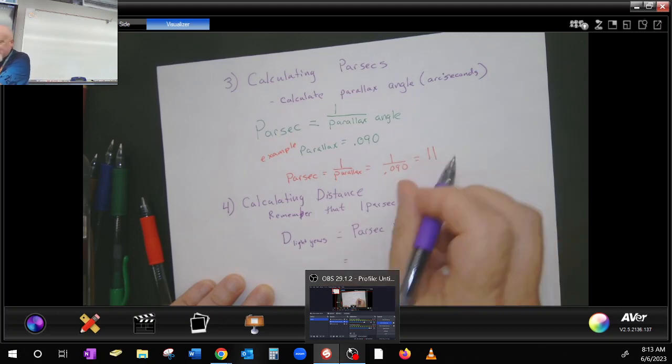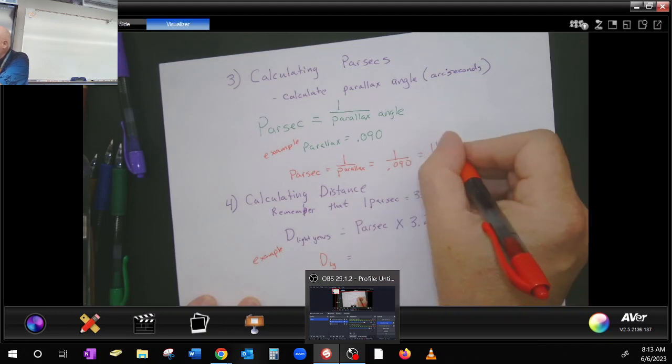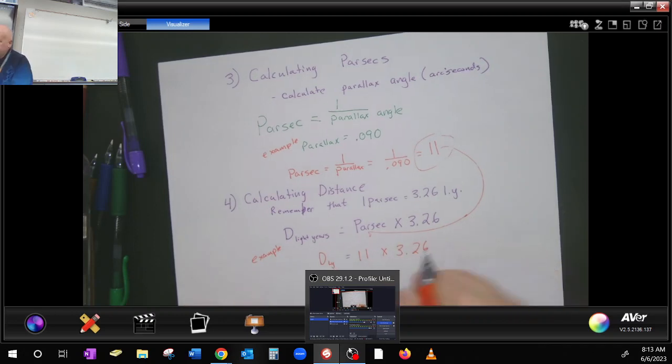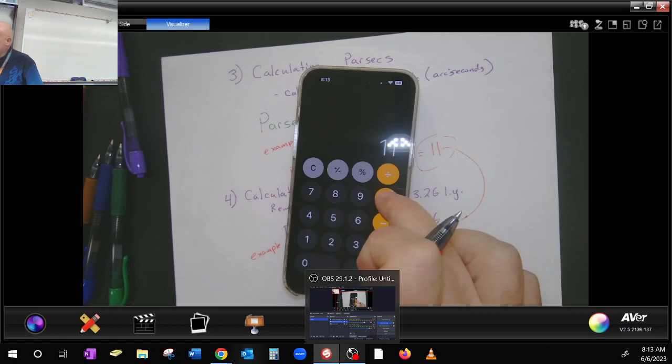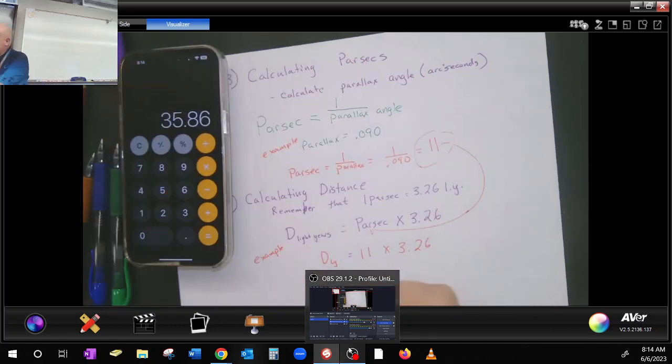In our example, your distance in light years would be equal to the parsec, that was 11, times 3.26, which comes to 35.86.